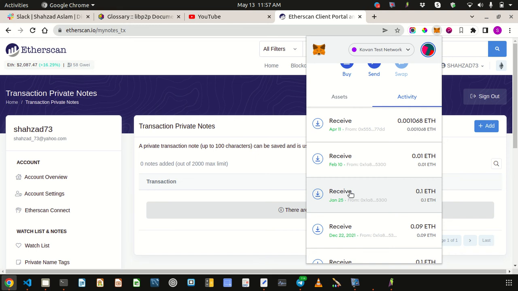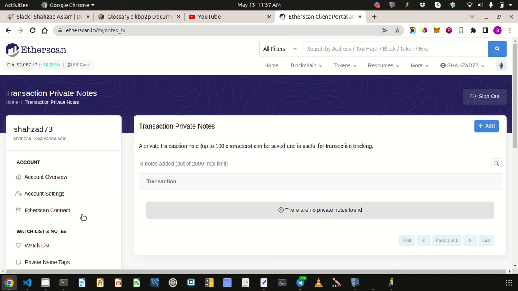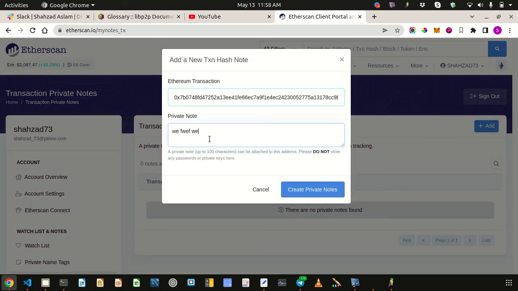So I can click on that transaction, I copy the transaction ID, and then I go to Etherscan. I can make a note of this transaction for future reference. I can click on that, enter the transaction and give some description, what was the purpose of this transaction, and then create a private note.